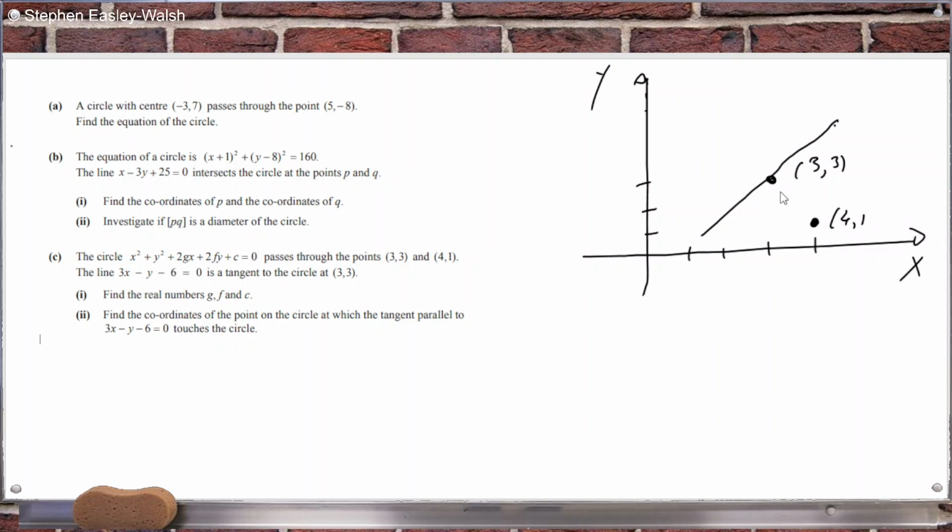So actually maybe I shouldn't quite draw it that steep. I'll draw it a little less steep. Okay, and that's at the point 3, 3, and that's at the point 4, 1.